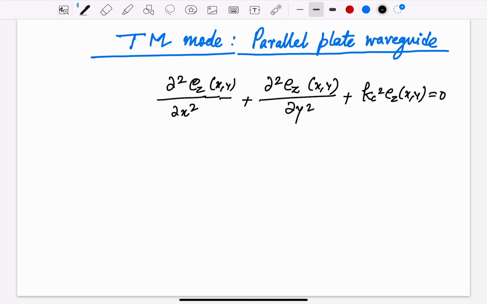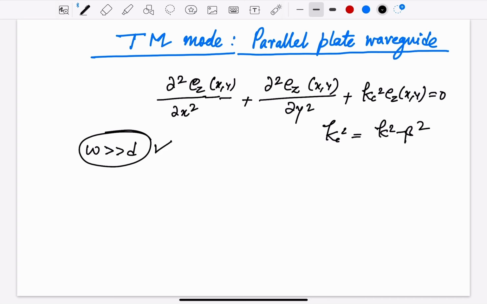Now let us recall certain things. Here kc² is k² minus β², and if you remember, we took the assumption that the width is very much greater than the separation between the two plates. With this assumption, you will find that the field variation with respect to x is negligible.